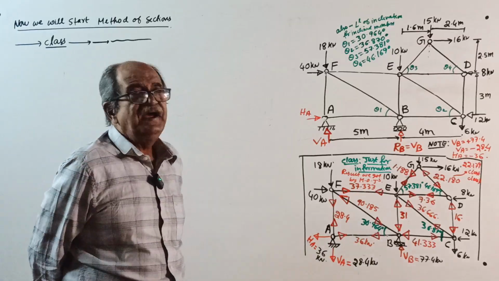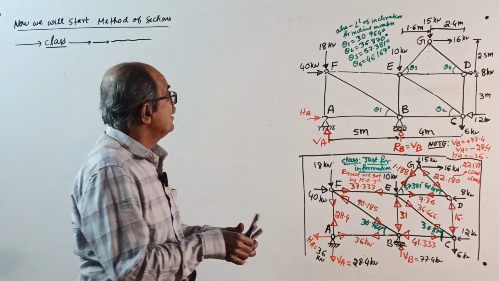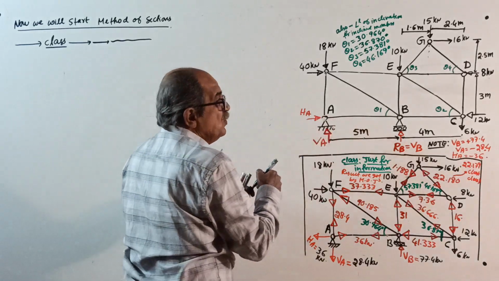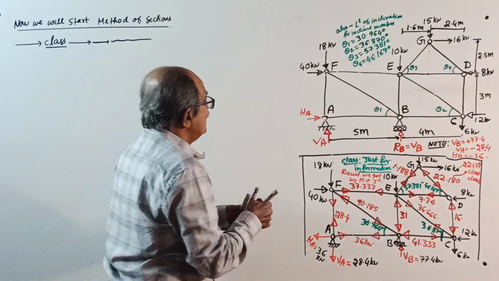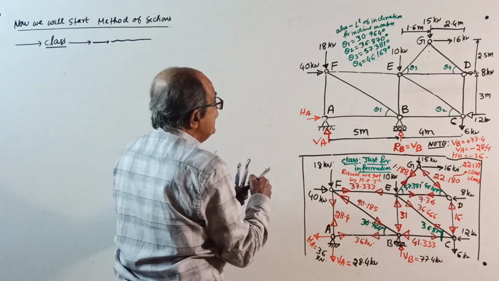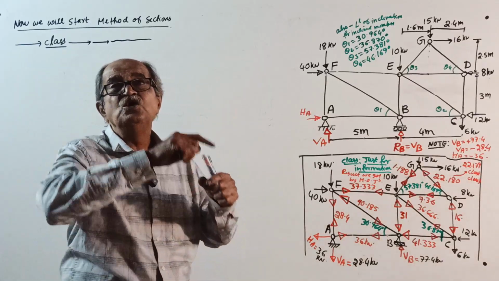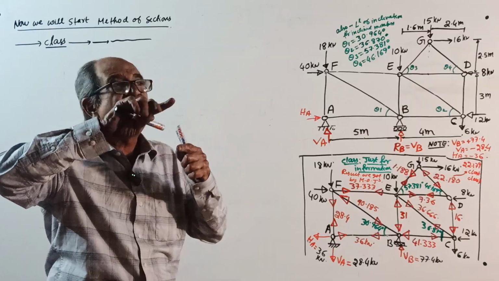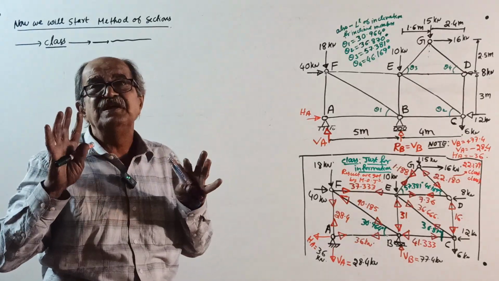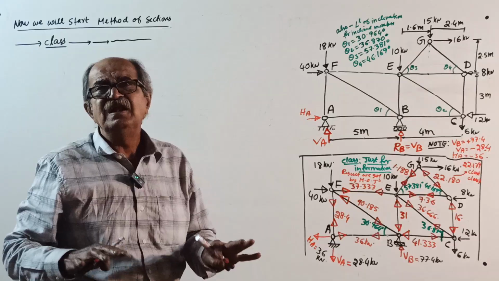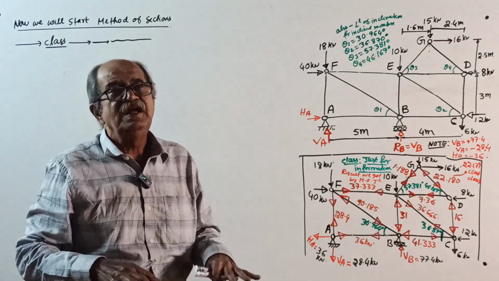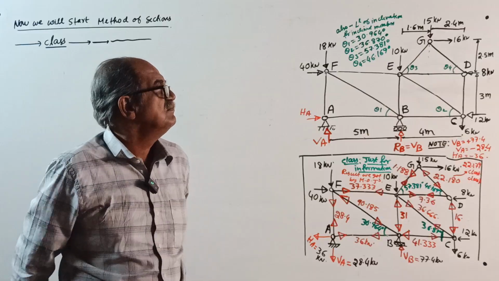But deciding the correct direction for method of section requires a very high level. You have to imagine so many things: how the moment will come, which is predominant, and how the balancing is done. I will say 99% of people, it is beyond their capacity.